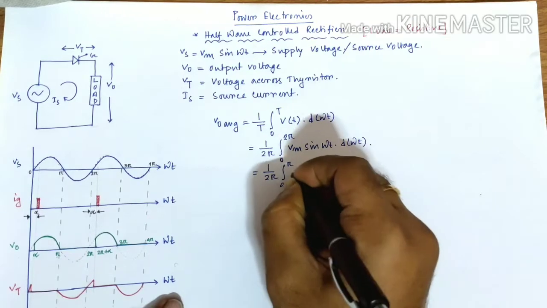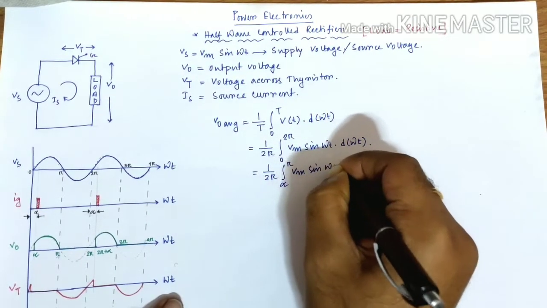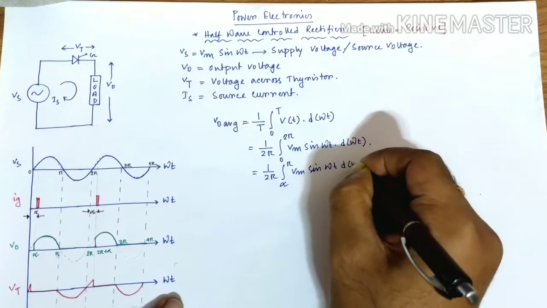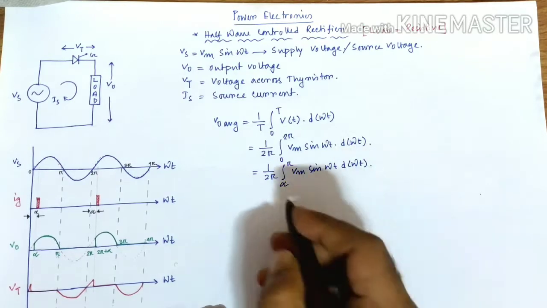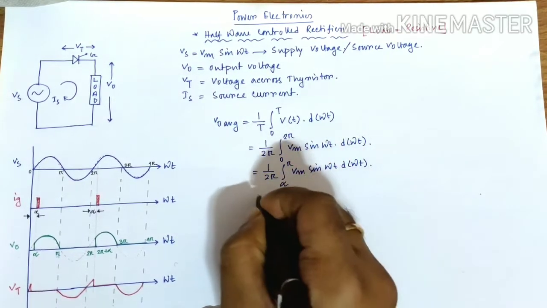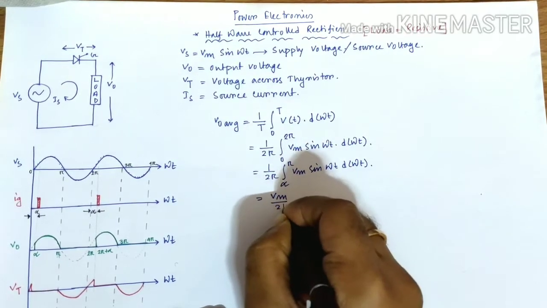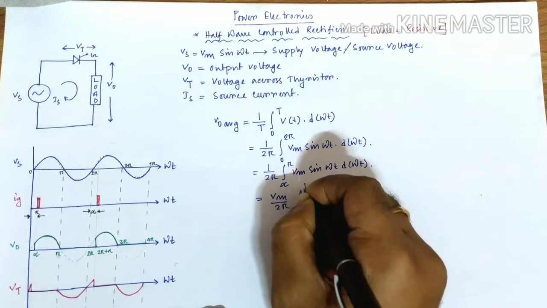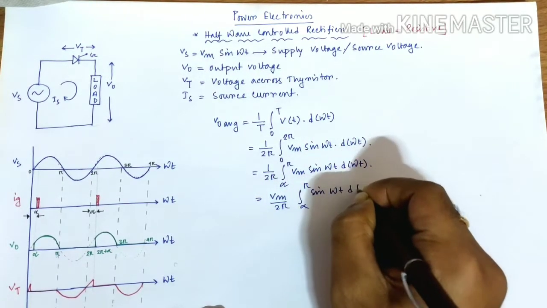So within this limit I need to do the integration to get the V naught average. So I am doing that: 1 by 2 pi integration alpha to pi Vm sin omega t. Vm is a constant term, so I will take it out of the integration: Vm by 2 pi integration alpha to pi sin omega t d omega t.